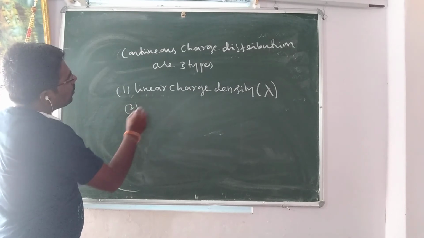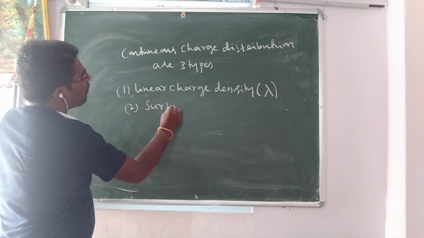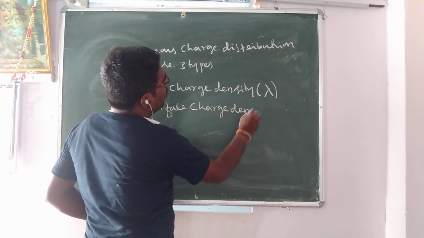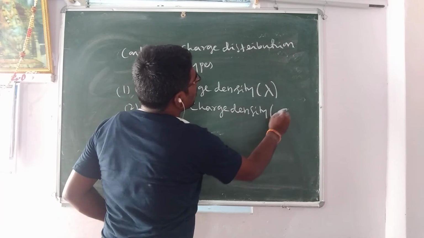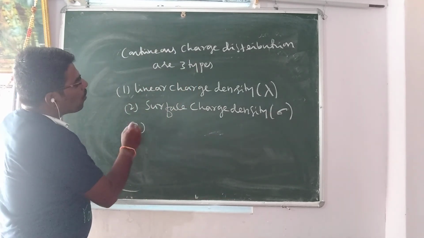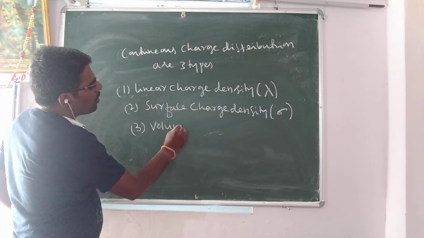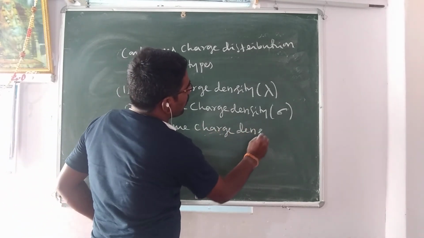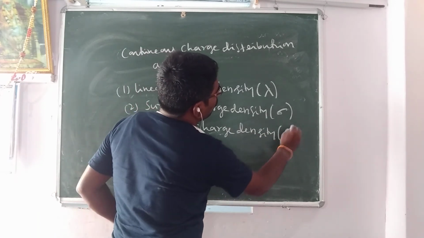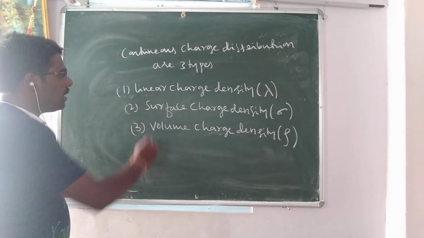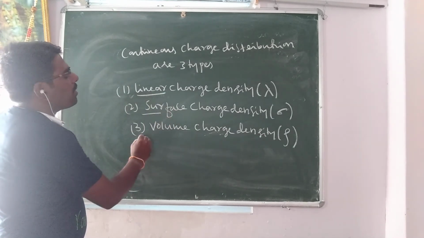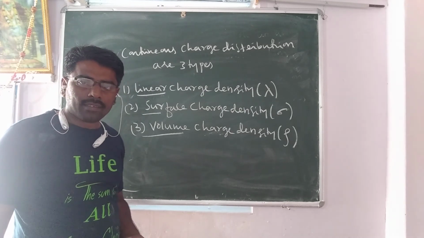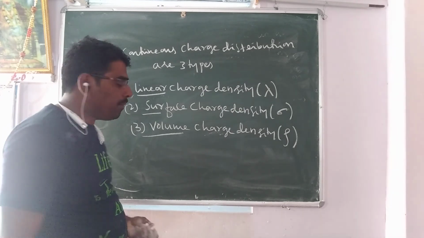Second is surface charge density, sigma. Next is volume charge density, rho. These are the symbols for linear, surface and volume charge density. These are the types of continuous charge distributions on the surface of conductors.